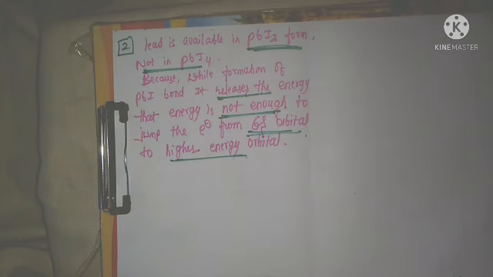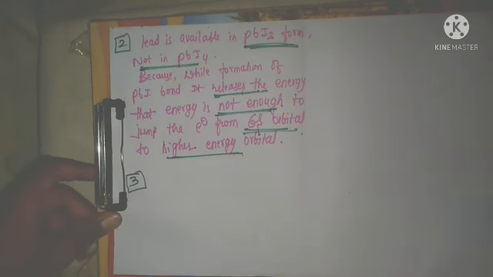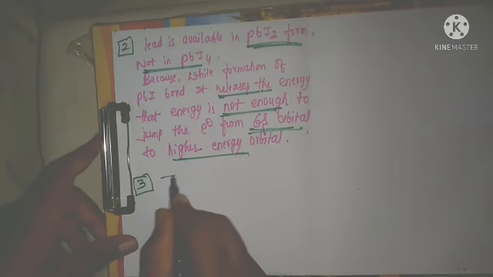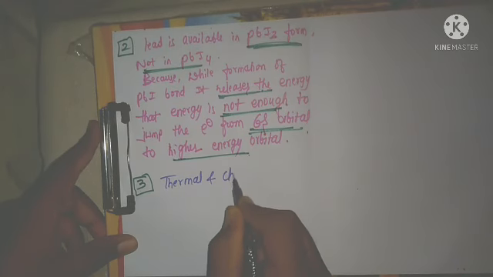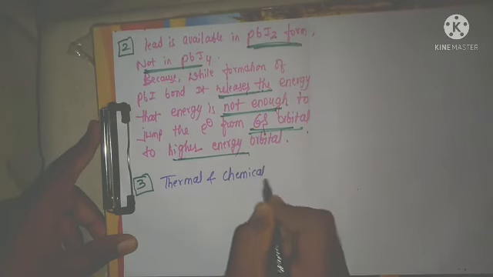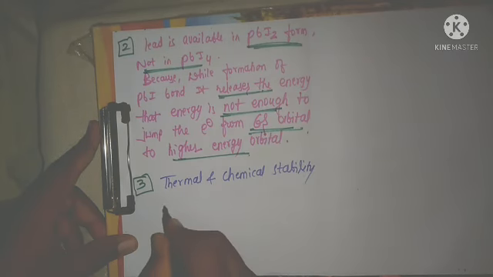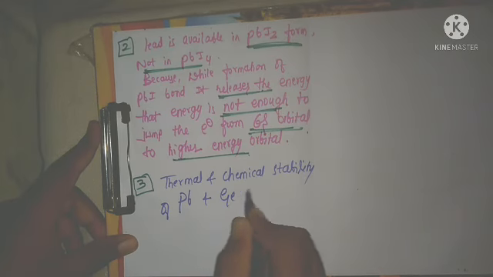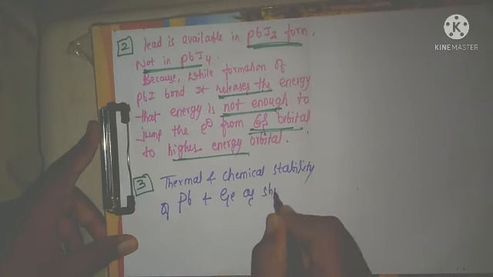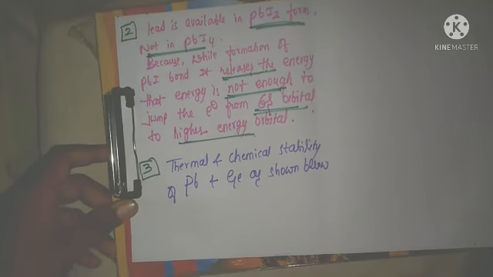And the third point is a very simple one: thermal and chemical stability of lead and germanium, as shown below. Just check here.